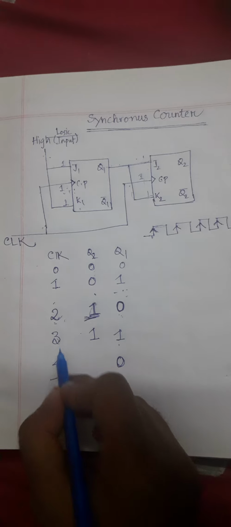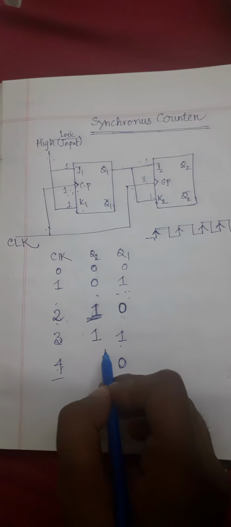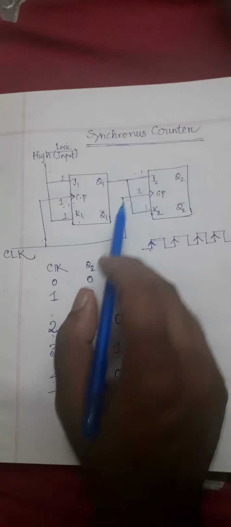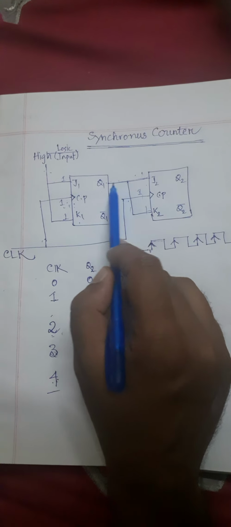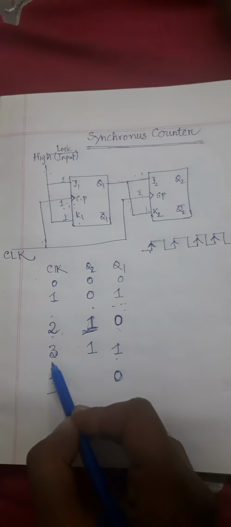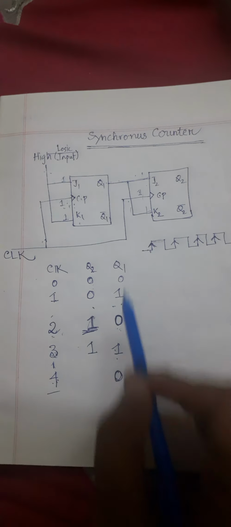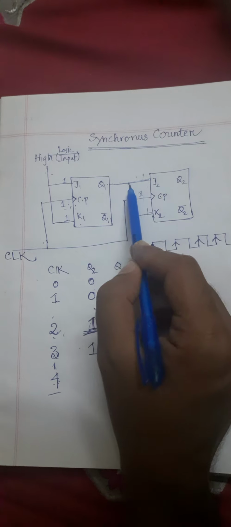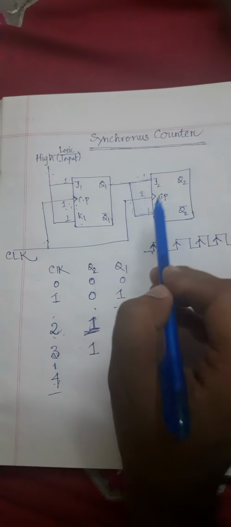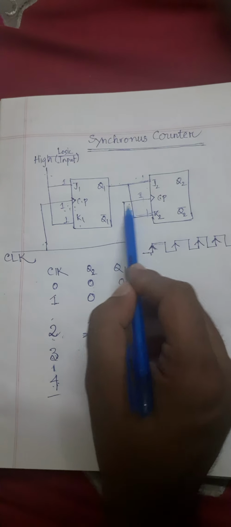And in between the third and fourth clock cycle, there will be some sort of traveling. What kind of traveling are we talking about? The traveling of the value along this line. In between this time, Q1 had a value of 1. This one will travel along this path and this path, and we are having a clock pulse also.